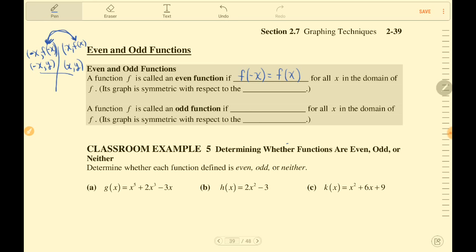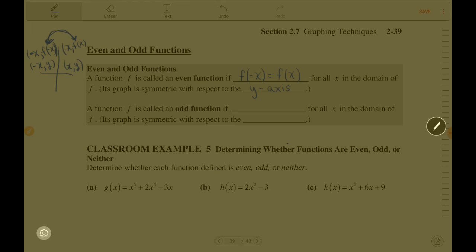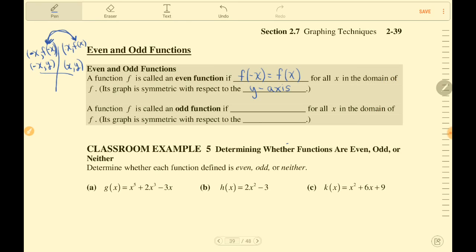That means it is symmetric to the y-axis. And we just tested for y-axis symmetry, and when we did, we plugged in a negative x and then simplified to see if we could get back to the original f of x.